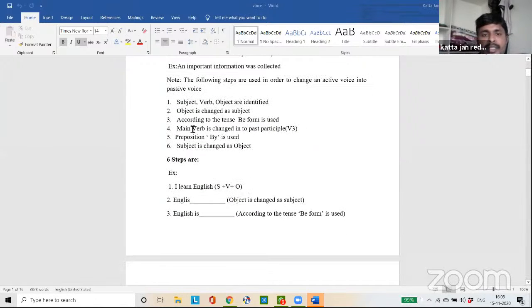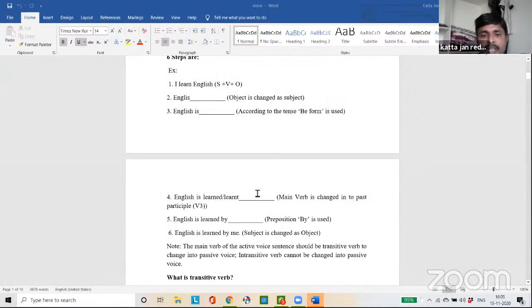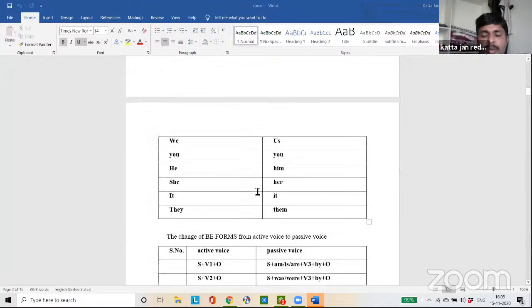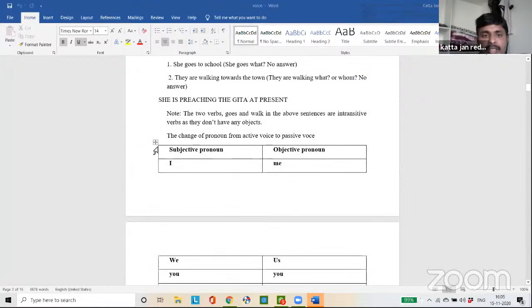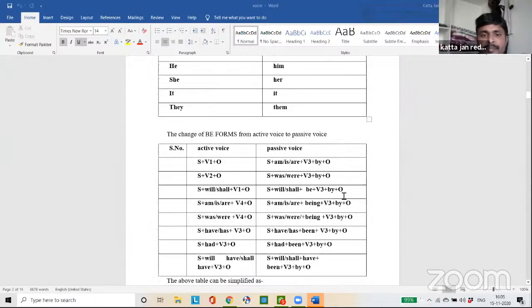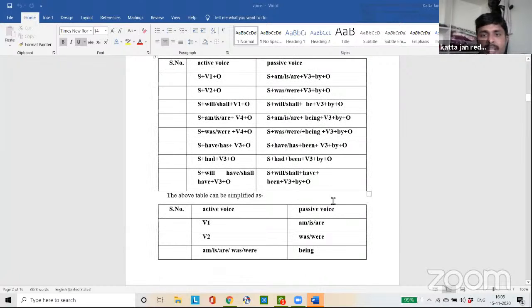These 6 steps should be remembered. And the table that we should remember is the subject pronoun and object pronoun table, because these should be interchanged. This is the actual table, and this is the short form of this table, the shortcut.